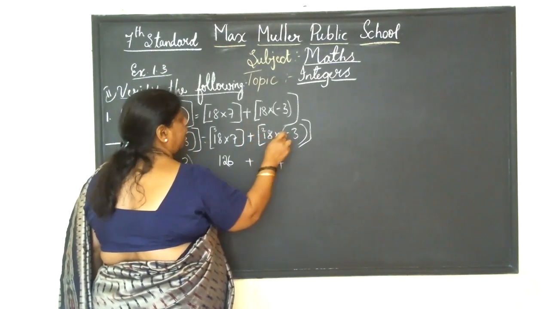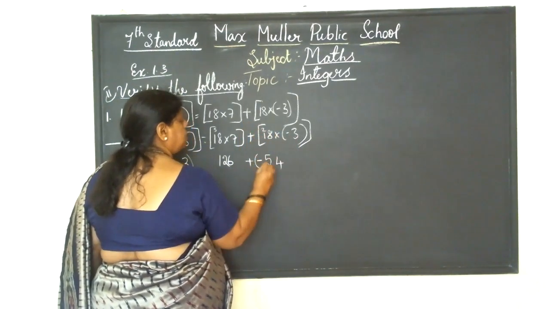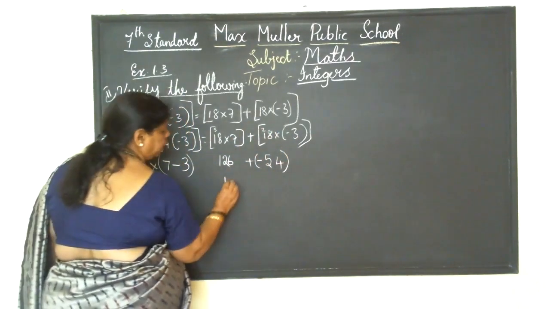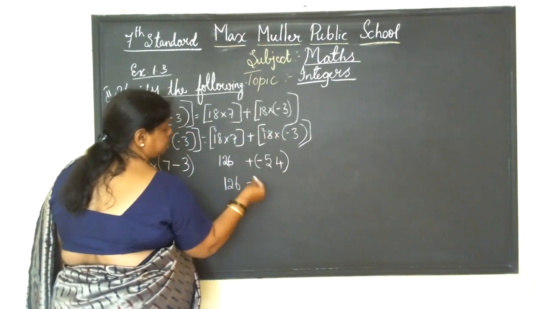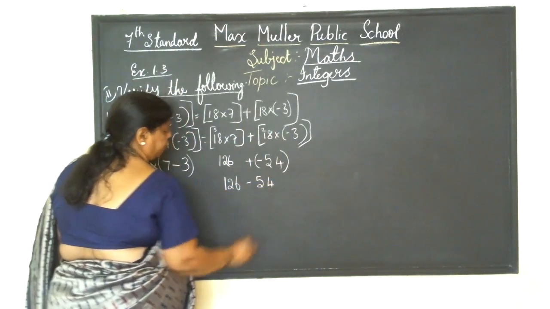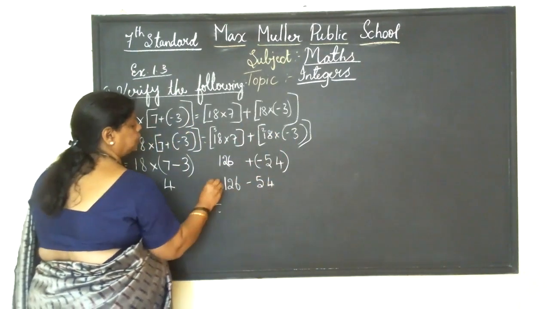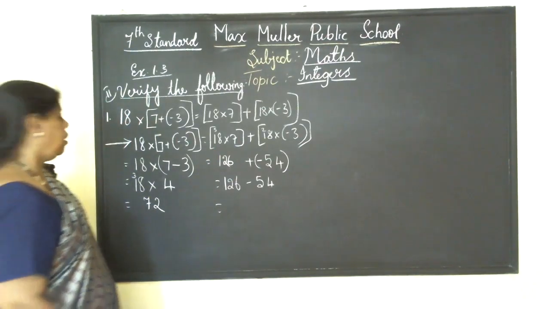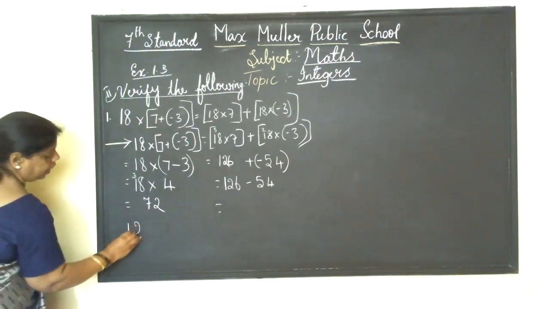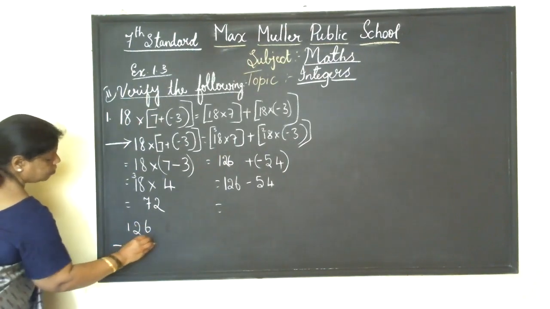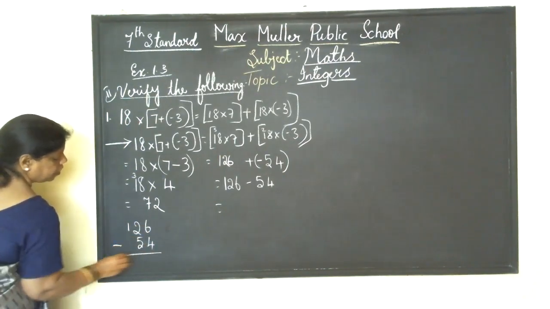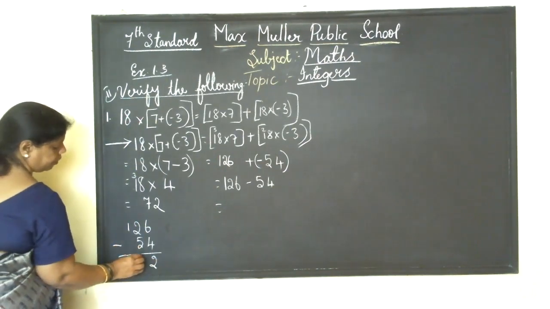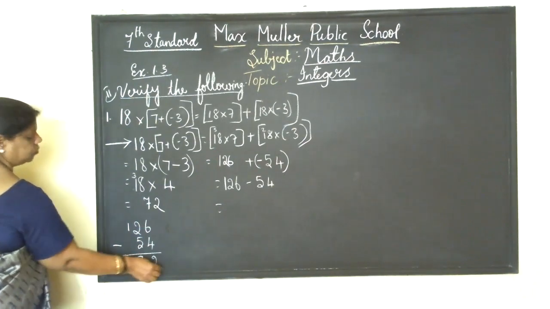When no sign is there, we will consider this as minus. So 126 plus minus 54 is equal to 126 minus 54. 6 minus 4 is 2. 12 minus 5 is 7.